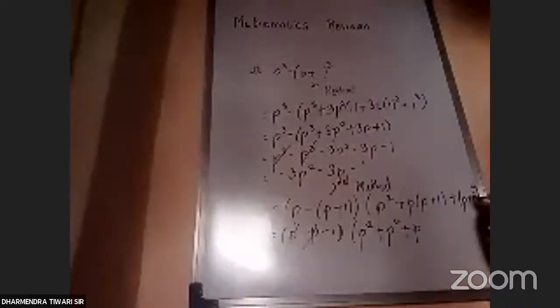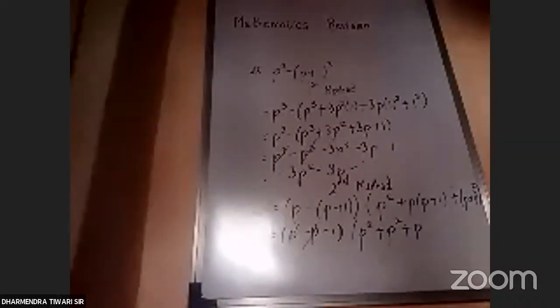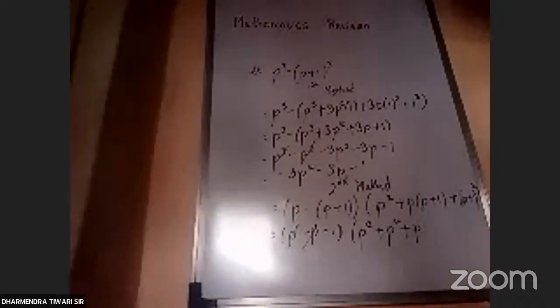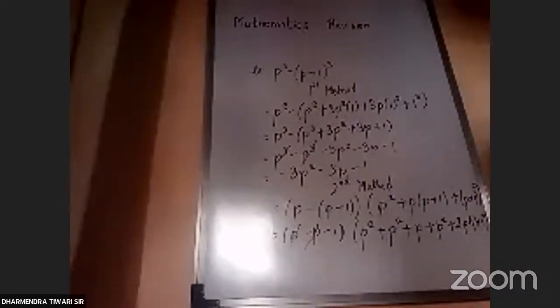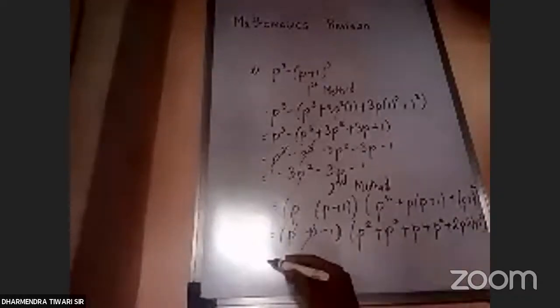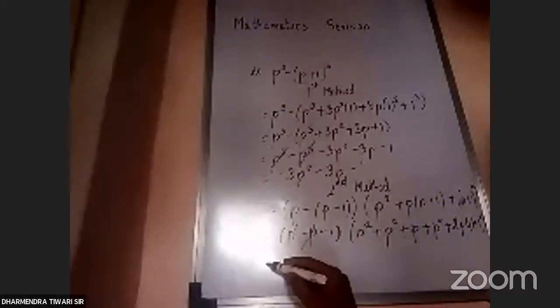And here open the bracket for a plus b the whole square. What is the formula for a plus b the whole square? This is a square plus 2ab, which is 2p into 1, plus 1 square. After this is minus 1.